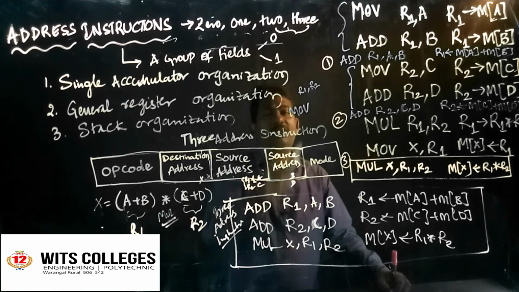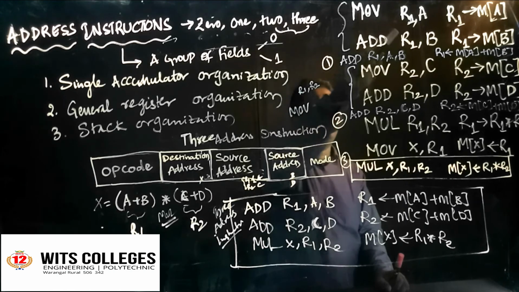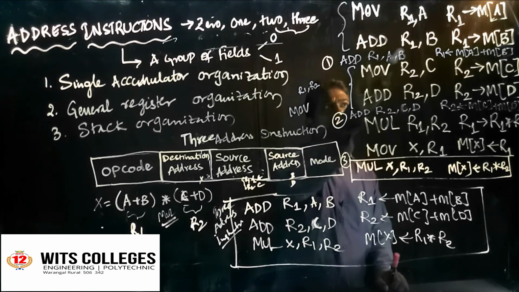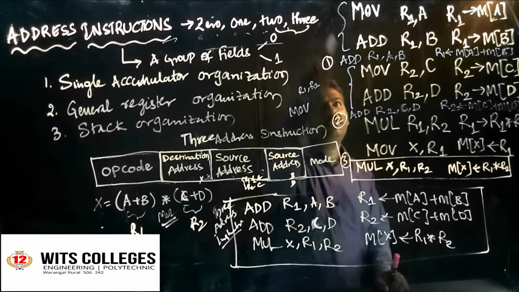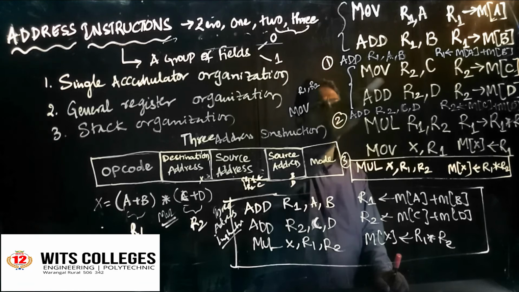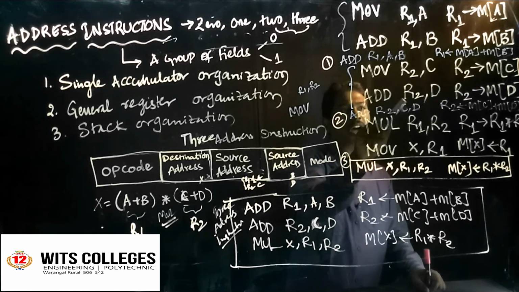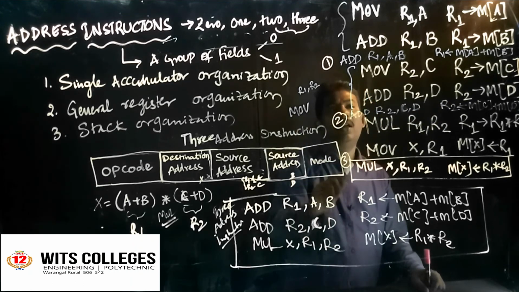We will use 2 registers, R1 and R2. So MOVE R1, A, R1 stands for M of A; ADD R1, B, R1 stands for R1 plus M of B. This is the first step. Then MOVE R2, C, R2 stands for M of C; ADD R2, D, R2 stands for R2 plus M of D. This is the second step.